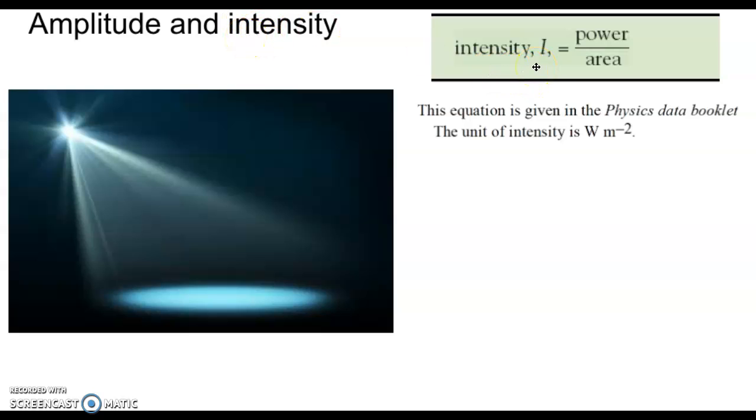Intensity, by definition, is power per unit area. Now, power, you should remember from topic 2, is energy per second. So, the definition of intensity is the energy per second per square meter.